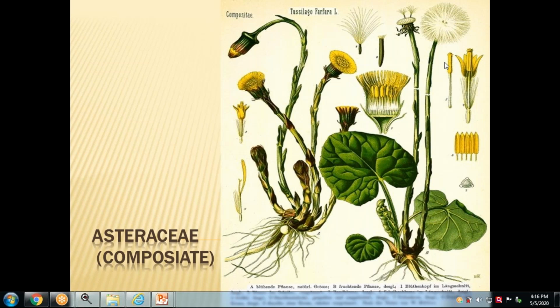That whole inflorescence contains 2 types of flowers, that is disc floret and ray floret. Disc floret is present on the disc. Ray floret is present on the circumference, at the margin of that particular disc.